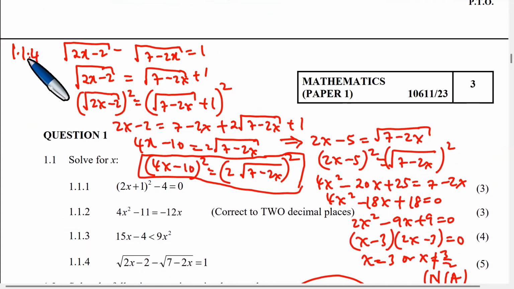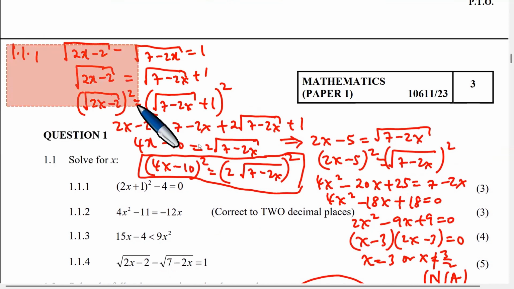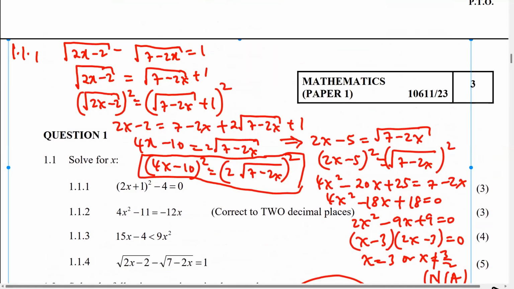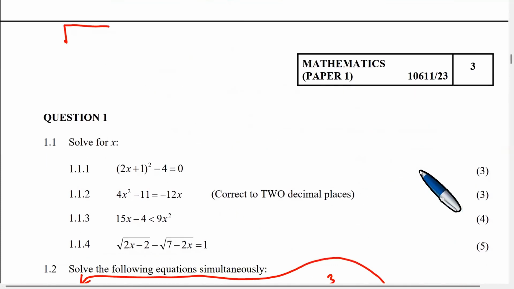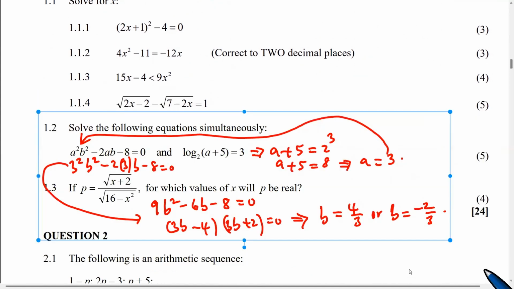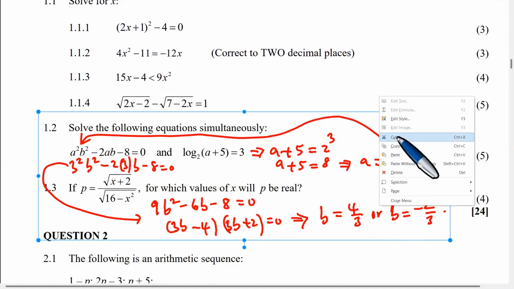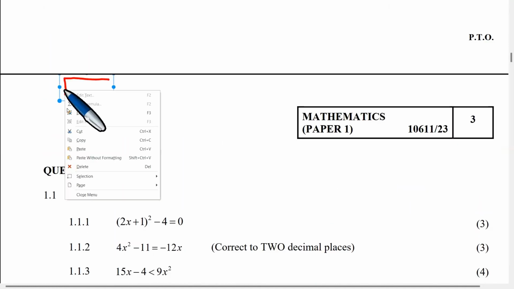Right, let me get my screen cleaned up so that we can solve problem 1.3. To solve problem 1.3, we proceed as follows. I'm just cleaning up the board a little.